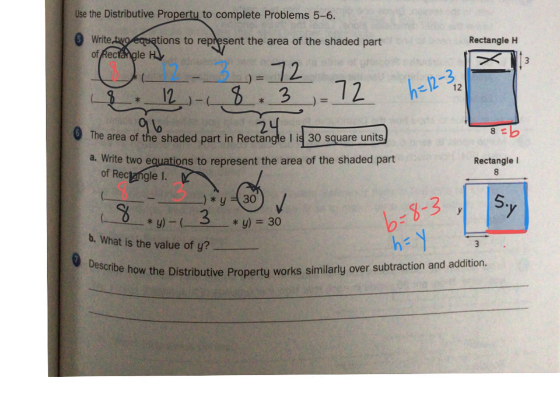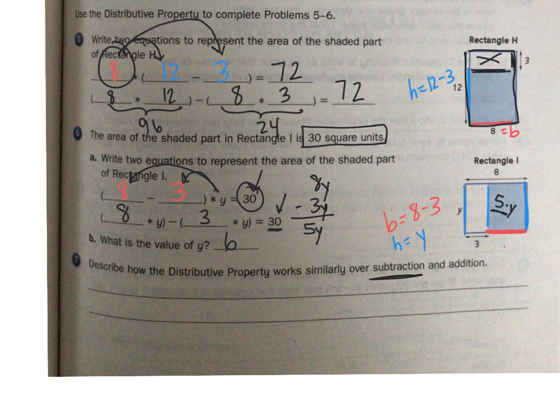And again, 8y minus 3y is the same thing, and when they both have variables in them, I can subtract both of them. That's 5y. 5 times what number gives me 30? Well, 5 times 6 gives me 30.